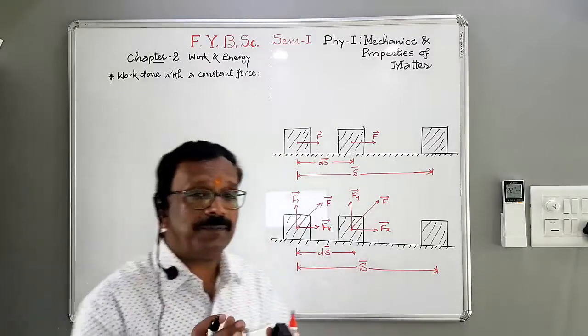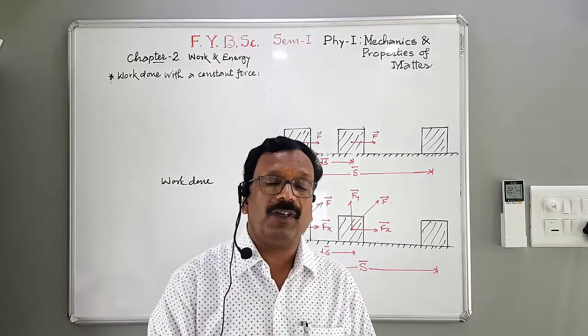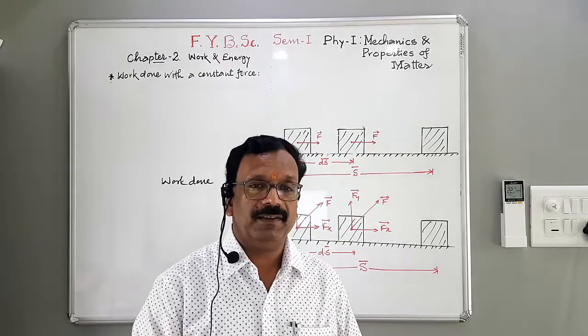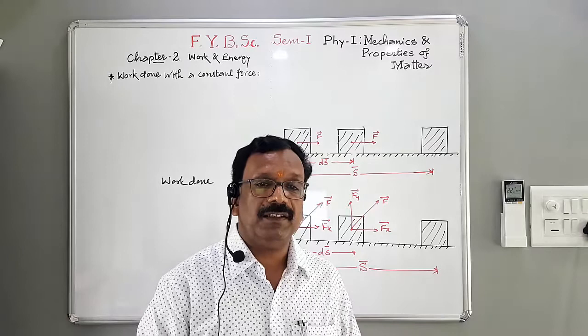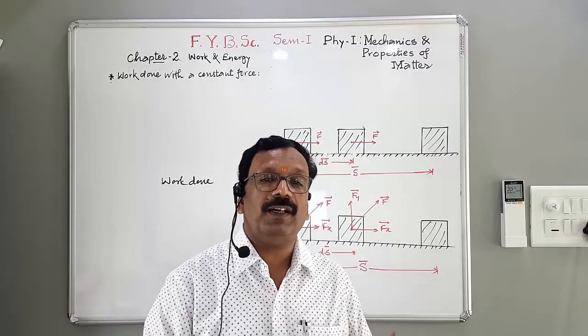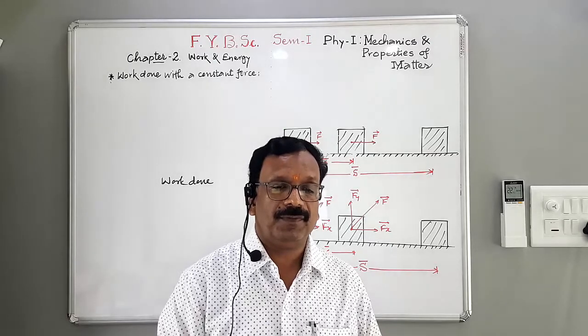The answer for the first half, explain the term work done, was already discussed in the previous lecture. Now in this lecture we are going to obtain an expression for work done by a constant force.